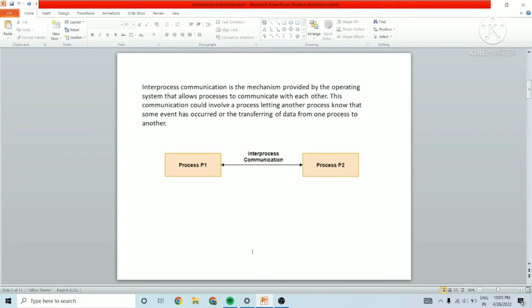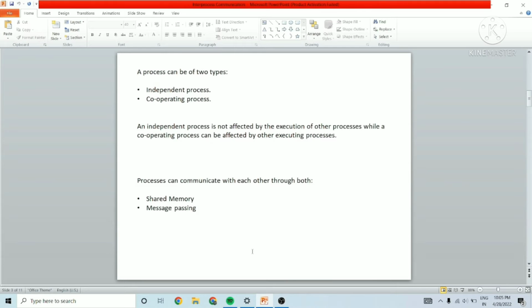Let's talk about how many types of processes there are. Processes can be of two types: independent processes and cooperating processes. What are independent processes? Processes which are not affected by the execution of other processes are known as independent processes, while cooperating processes are processes which are affected by the execution of other processes.